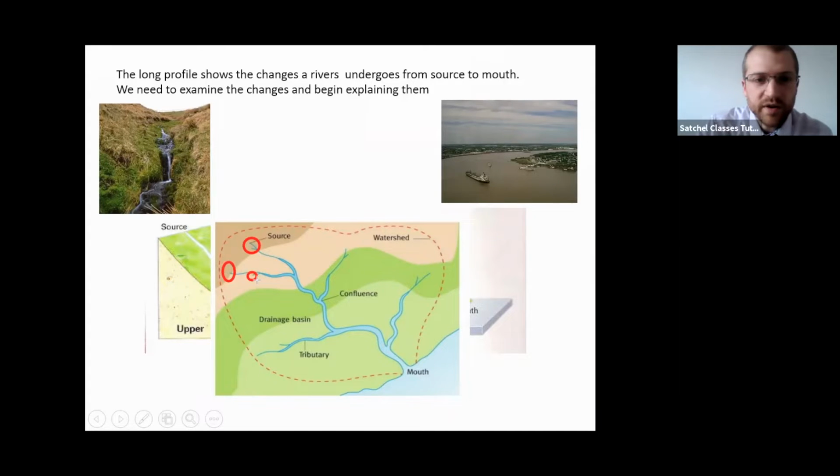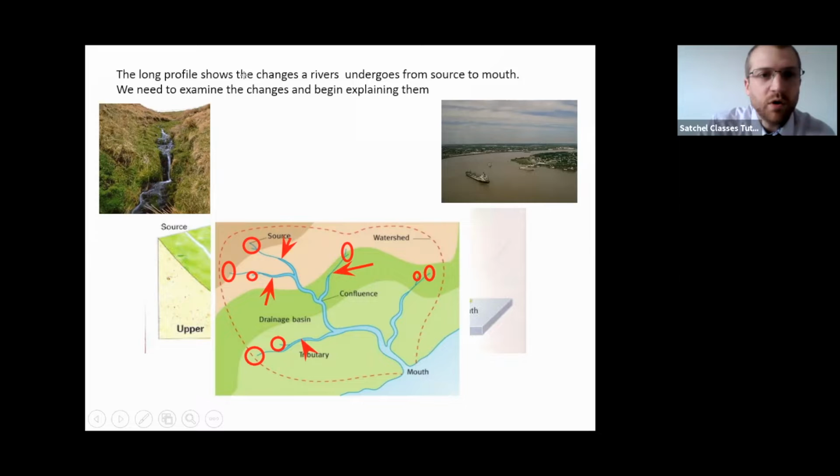There'll be quite a few different sources for a river, different points from where it comes from. Now this will contribute water to the main channel. So all of these little streams are called tributaries, just there. That will be another one. This will be one. They're all tributaries. So they're taking a small bit of water towards the main channel, the main river that will drain that whole area, hence the word drainage basin.